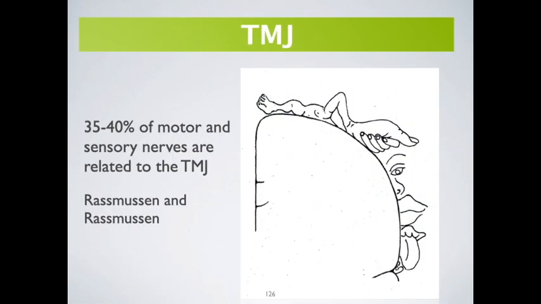Years ago, I was studying with Dr. Tim Francis. He really drove this point across, that 35 to 40% of the entire nervous system has some connections to the TMJ. And this was determined by a study some years back, Rasmussen.